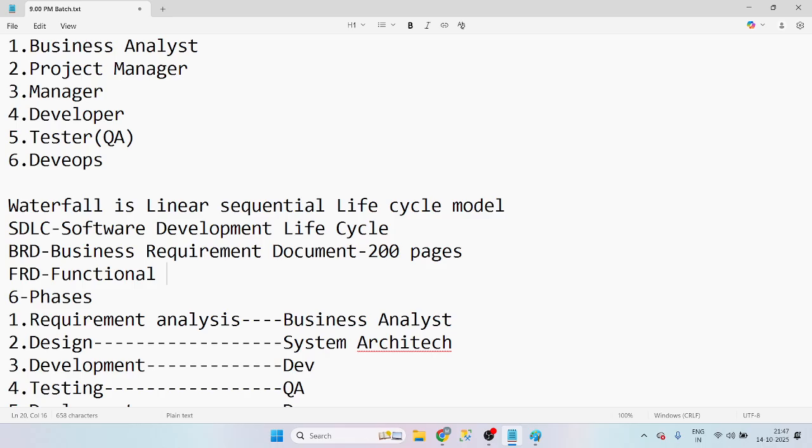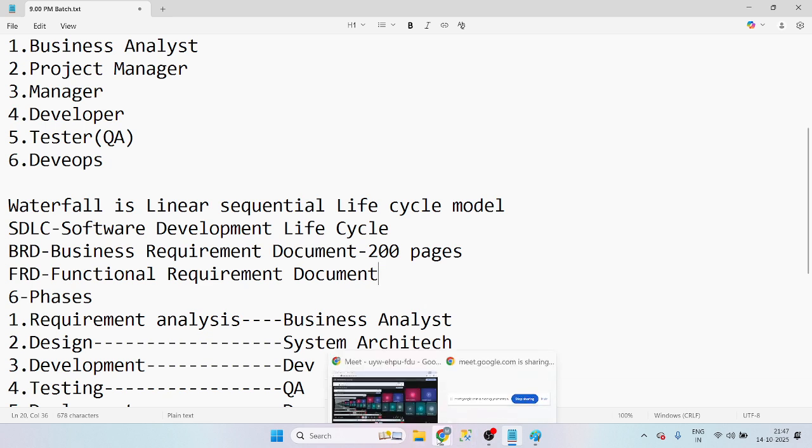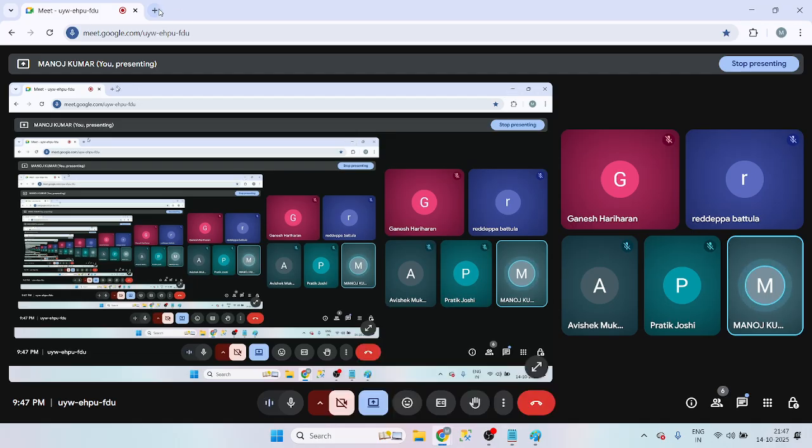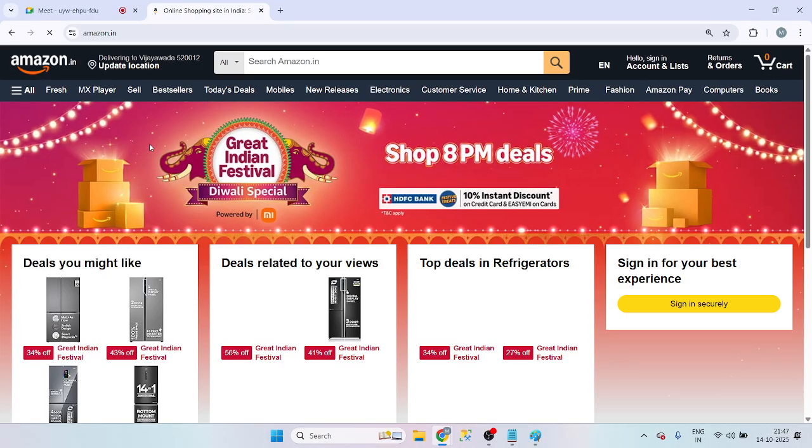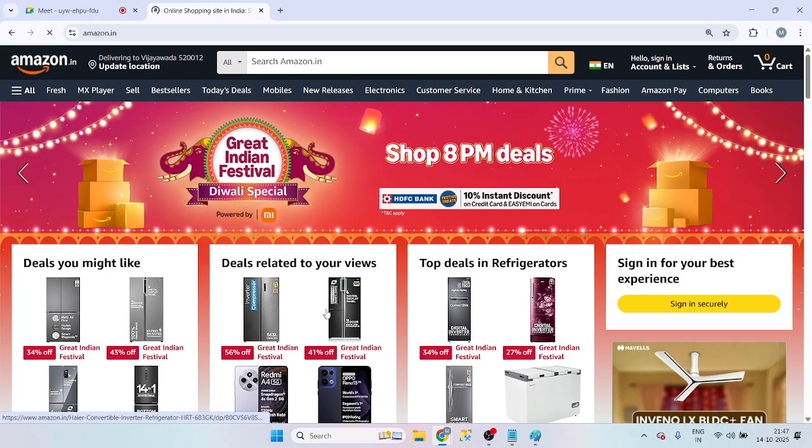That is called the FRD, functional requirement document. He will also design some screens. Those screens are called mock-up screens. See here, can you see this fridge?